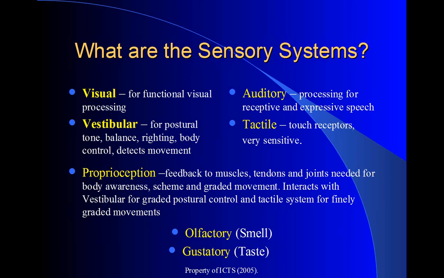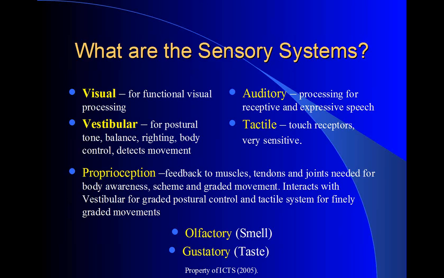The vestibular system is located in the inner ear. I'm just going to explain it real briefly. The fluid in your inner ear moves as you move your head. And when the fluid moves, it moves structures in your middle ear that send messages to your visual system and to your auditory system.